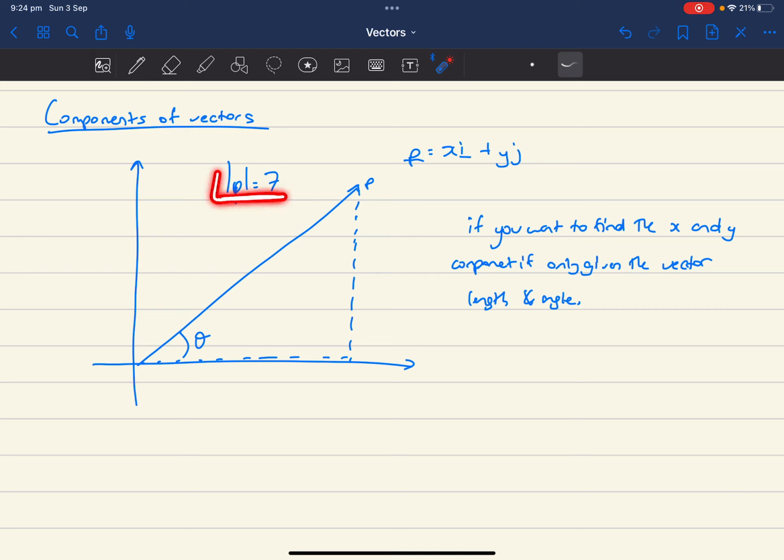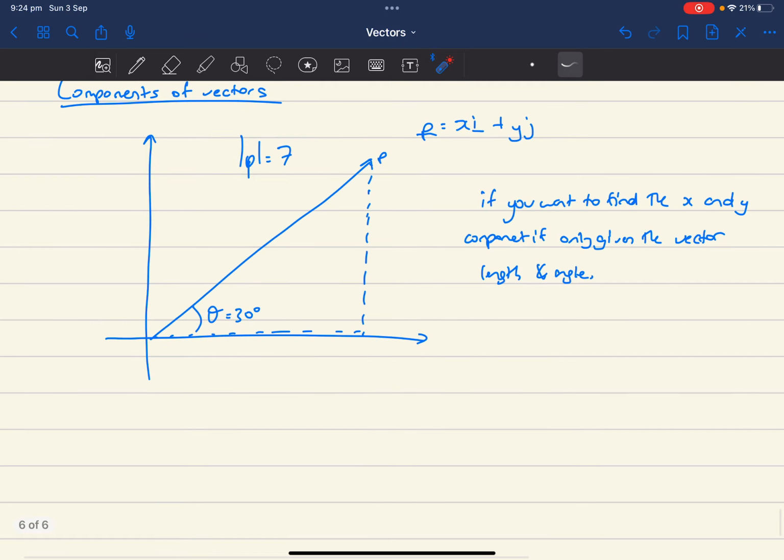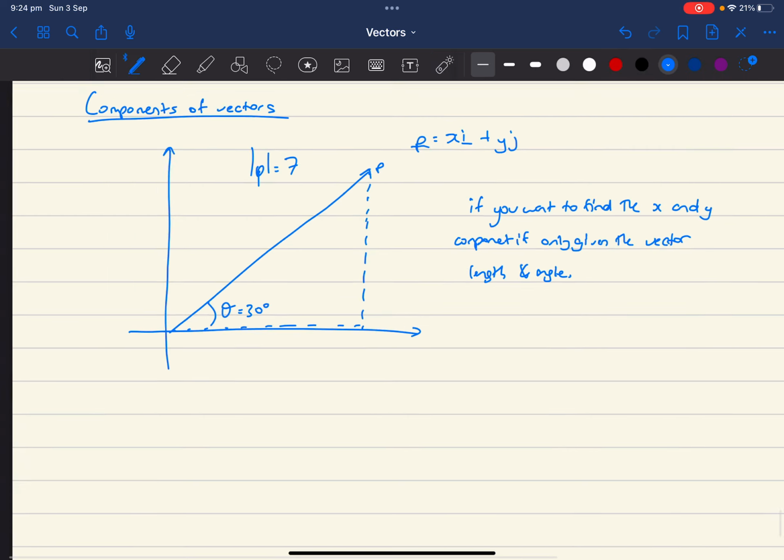So if you only know these, and then let's say theta is 30, right? If I only know these two pieces of information, how can I write it in this notation? So I don't know what my x is and I don't know what my y is. So how can I figure it out?